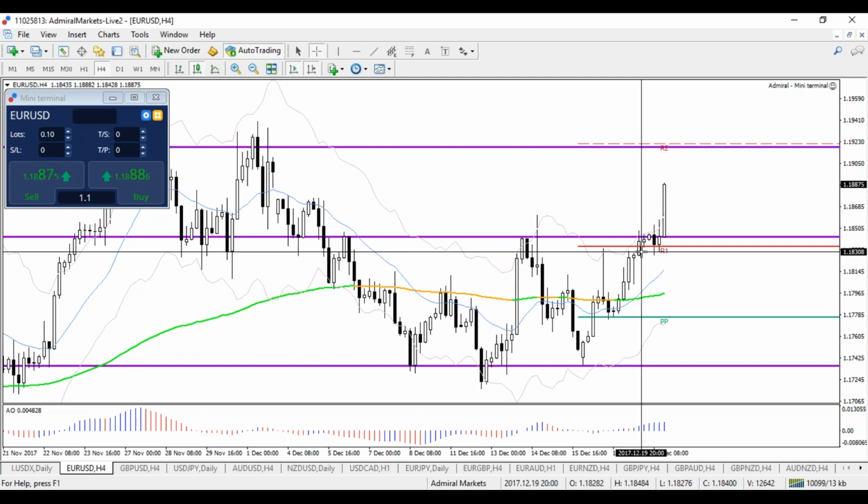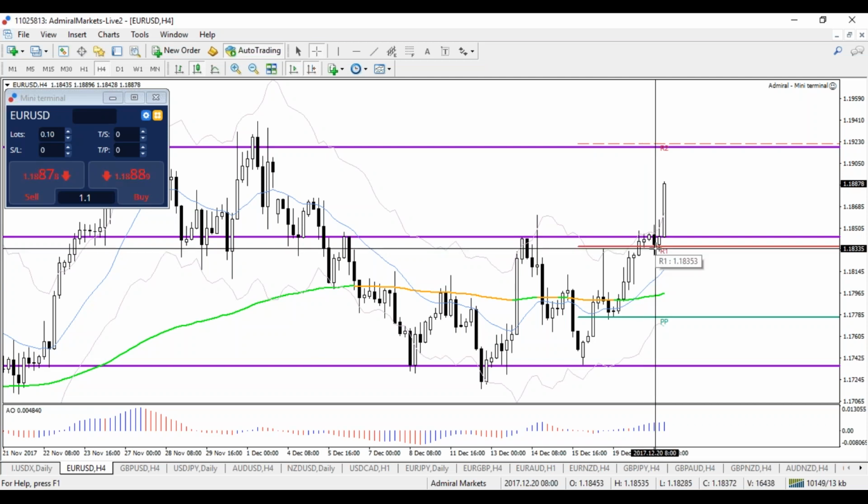And I said that we'll take a look tomorrow and make a judgment if there was a false break, a good break, or a reversal. So anyone in here probably remembers that because this was the first thing we were discussing and analyzing for a lengthy time, and I was indicating that this R1 resistance area is an interesting bounce or break spot.